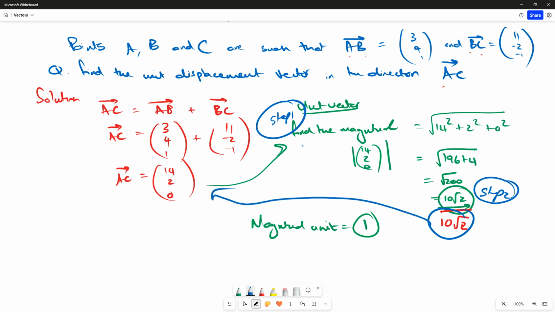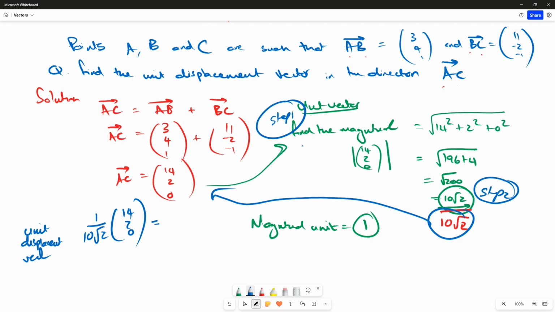And so that means I have to take 1 over 10 root 2, and this would be the unit displacement vector of 14, 2, and 0. Divide each component by the magnitude, and I can then distribute that in there, or I can leave it like that.